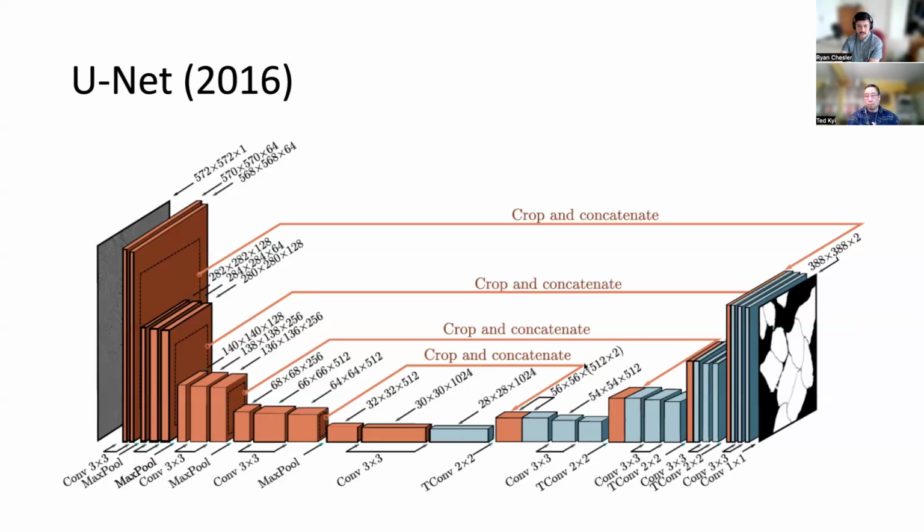But the big difference is the connection that is spanning these. People realized that this condensed representation here is very, very good at understanding the image, but it's not very good in terms of spatial understanding.